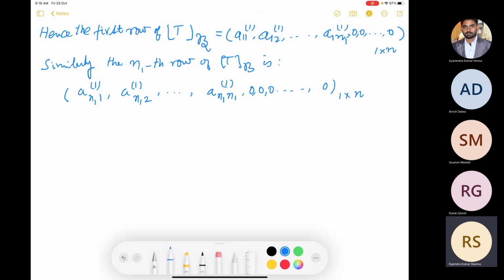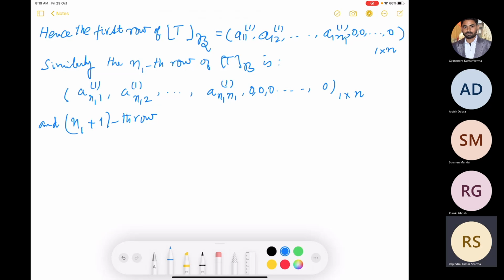The next row will be interesting. So what will the n1 plus 1th row be? From where does it come? It comes when you pick up the n1 plus 1th vector from the basis, which comes from the subspace V2.